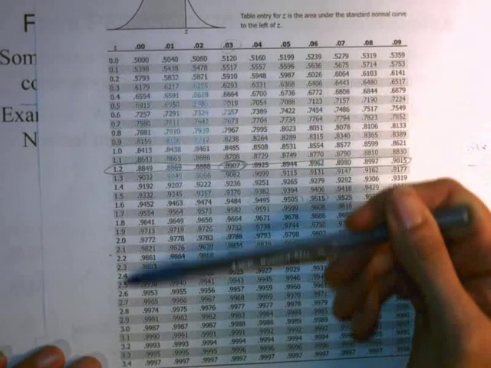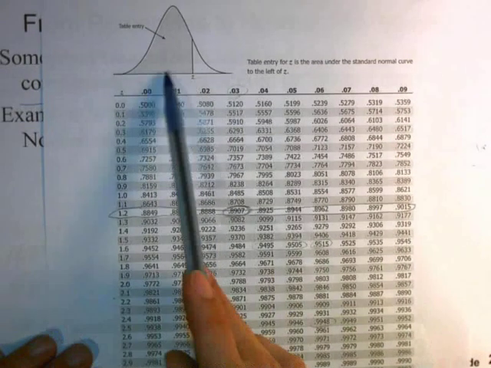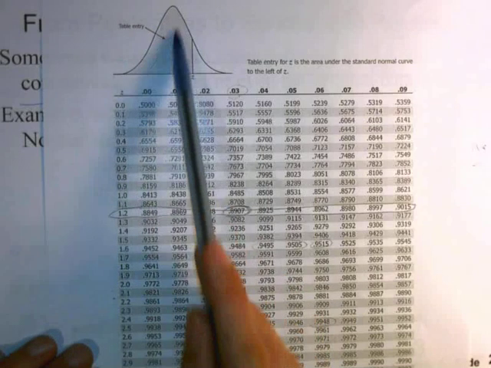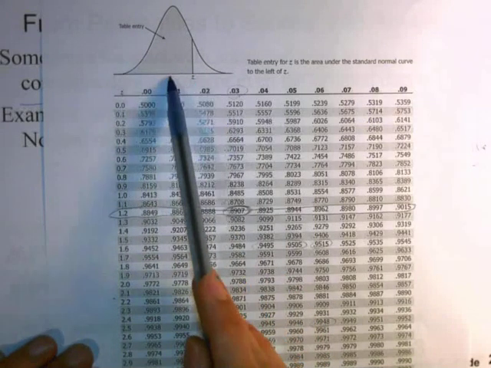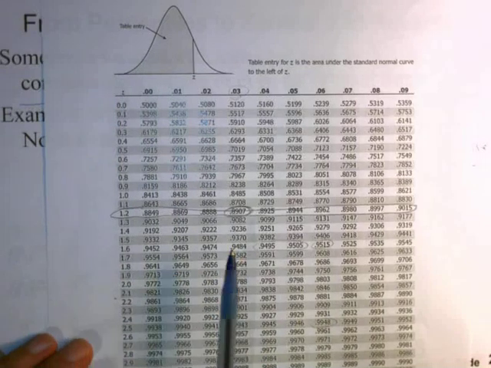That should make sense because all of these z values are positive numbers. So z greater than 0 is always greater than a half. On the right-hand side of this curve, there's always at least half of the curve remaining.